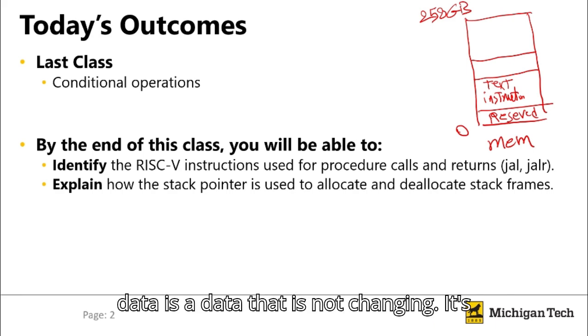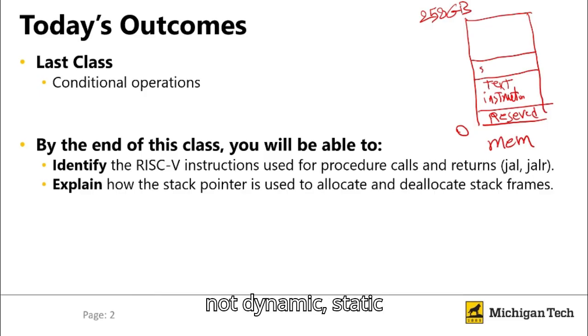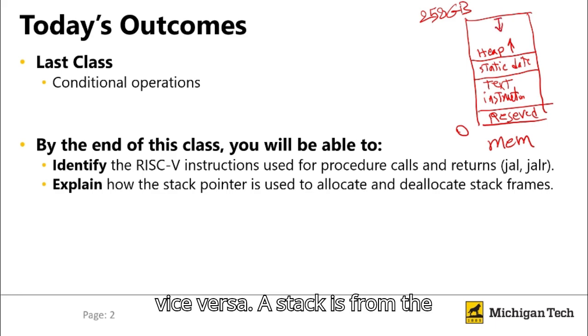Static data is data that is not changing. It's not dynamic. And after that is a dynamic part that we call heap. That starts from low to high. And a stack is vice versa. A stack is from the highest part of memory down.